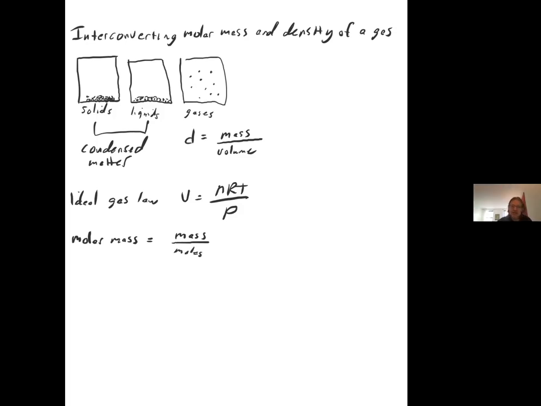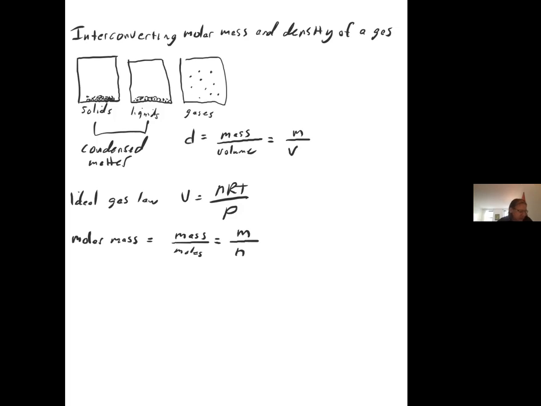So if I say, look, I have 1 mole of oxygen, it would weigh 32 grams. It's the mass divided by the number of moles. So if I had 2 moles, it would weigh 64 grams. So let me write this as mass M divided by moles n. And let me write this over here as mass M divided by V, or volume V.